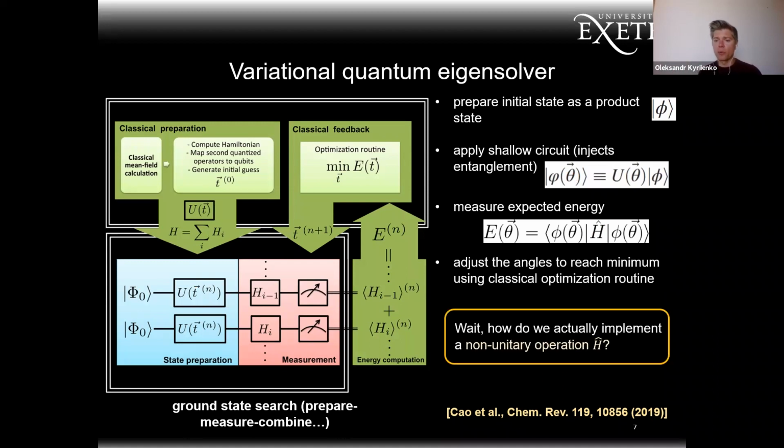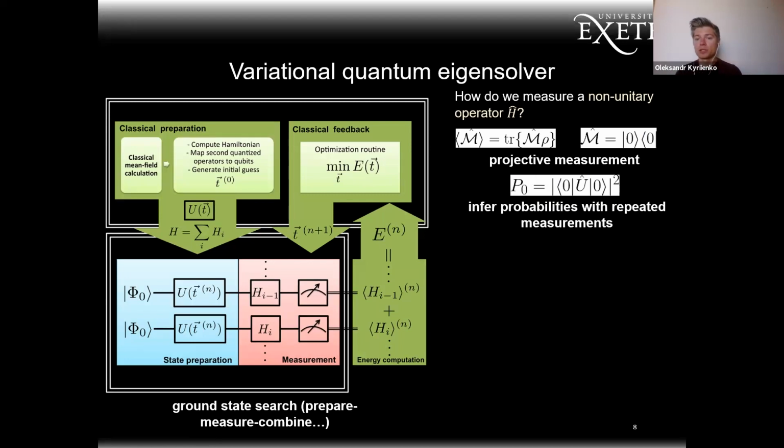And here the question is, how do you implement this operation H? How do you measure the energy? That's one of the problems we would need to consider, because H is not a unitary operator, so you cannot apply it directly to the state. And the answer is you cannot apply H itself, but you can split it into Pauli strings.